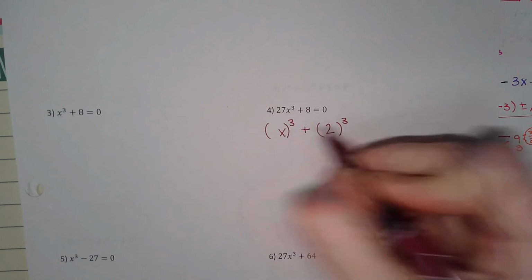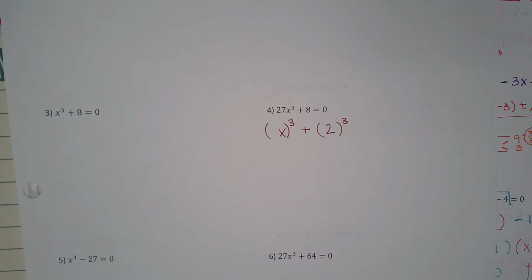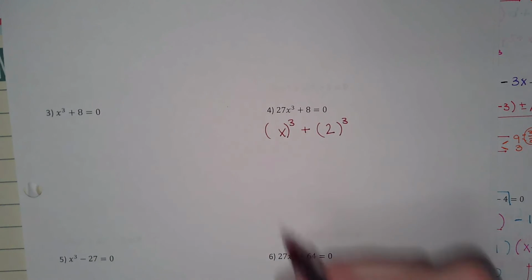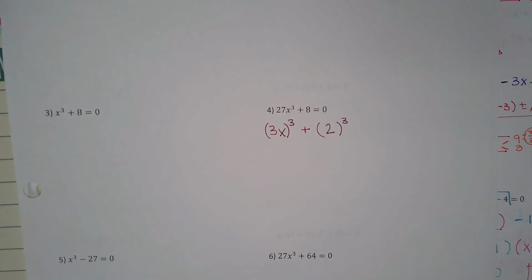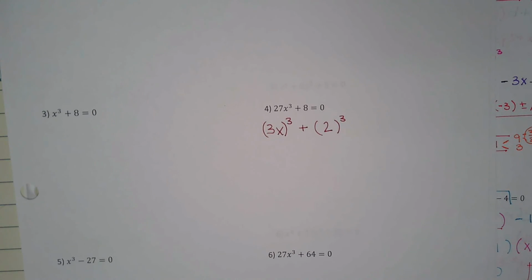What number times itself 3 times gets you 27? There you go. So your a is just 3x now instead. So you're going to get bigger numbers in the quadratic and everything else. Okay? So that will help you with 6 and 5. If you didn't know that 3 cubed was 27.